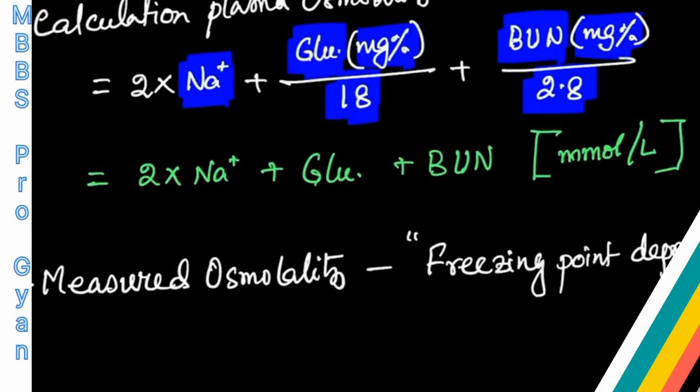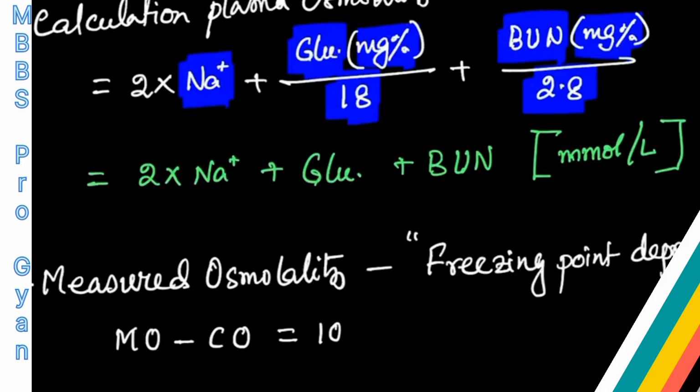So calculated osmolality is simply by a mathematical formula, and measured osmolality is by a technique known as freezing point depression. Whenever you measure the plasma osmolality, it will always be a little greater than the calculated osmolality. That means the measured osmolality (MO) minus the calculated osmolality (CO) is approximately 10. Measured osmolality takes into consideration all the osmoles present in the plasma, but calculated osmolality considers only sodium, glucose and blood urea nitrogen.